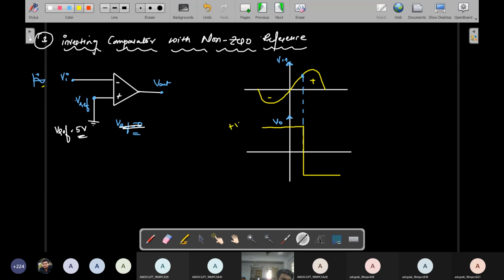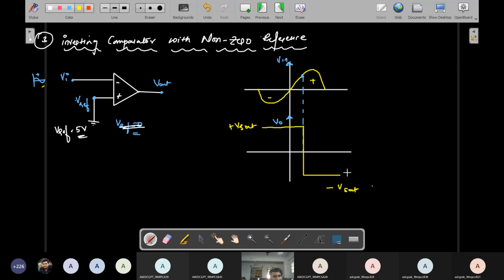Here the 5 volts is the reference voltage. Up to when it reaches 5 volts, it maintains a saturation. After that, it will move to negative saturation.